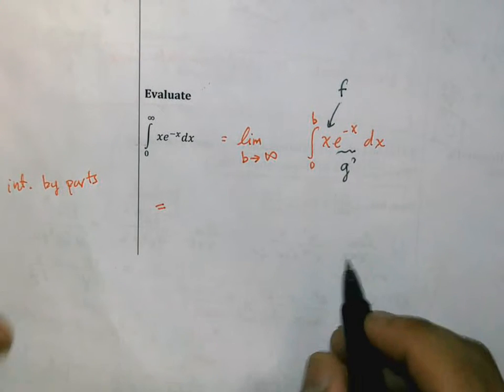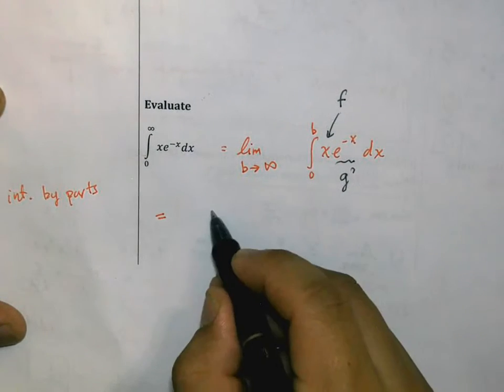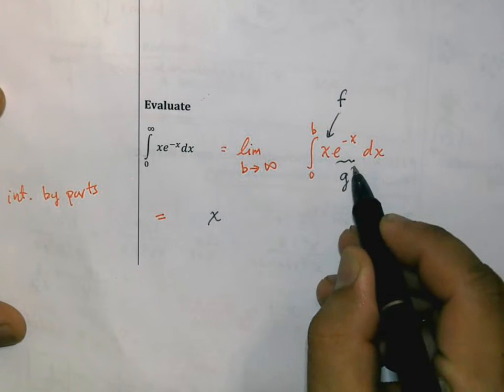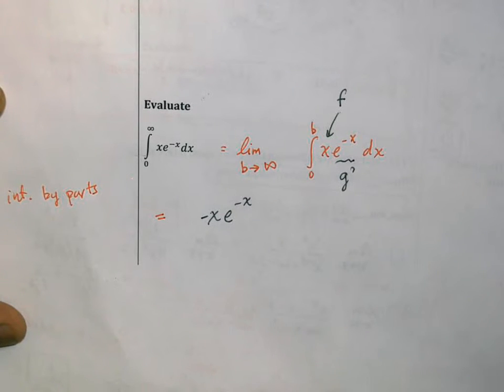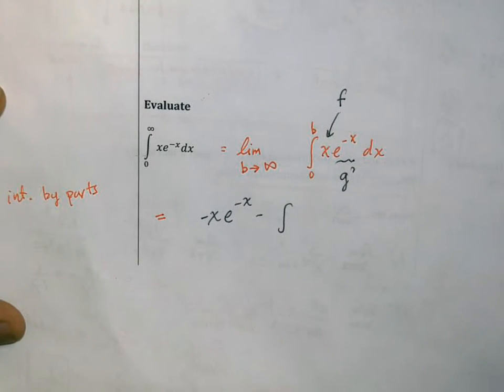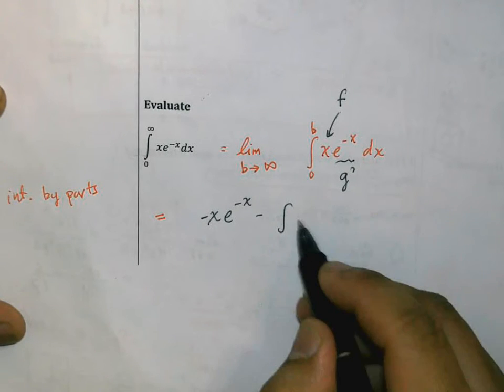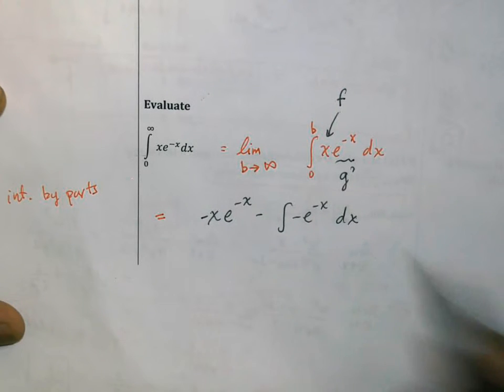So this becomes f times g. So f is x. G is the antiderivative, so that's negative e to the negative x, minus the integral of f prime, which is just 1, times g again, which is negative e to the negative x dx.